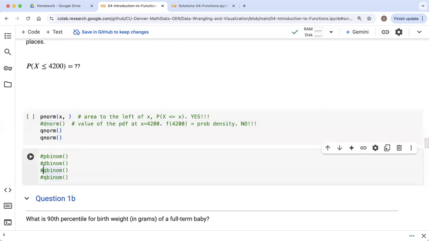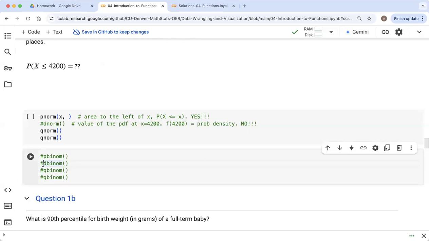It might be useful when you're working with a discrete random variable, for example when you're trying to calculate the probability that you would get exactly 5 successes out of 20 attempts. But for our situation here, we have a continuous random variable.